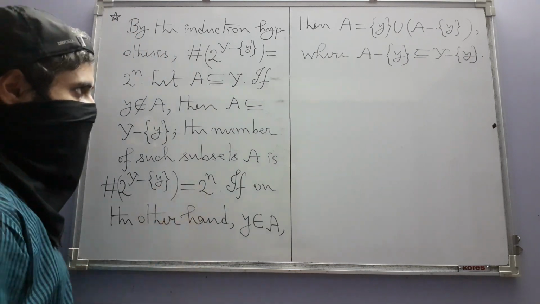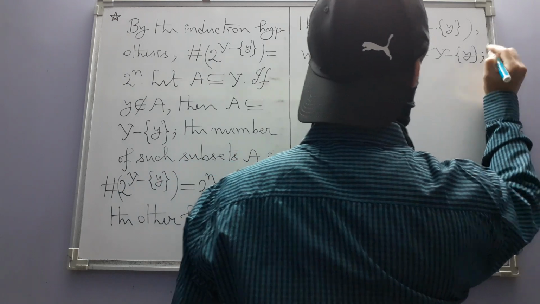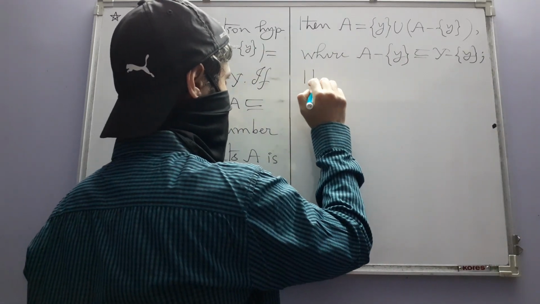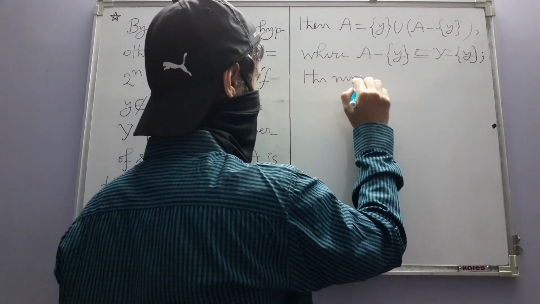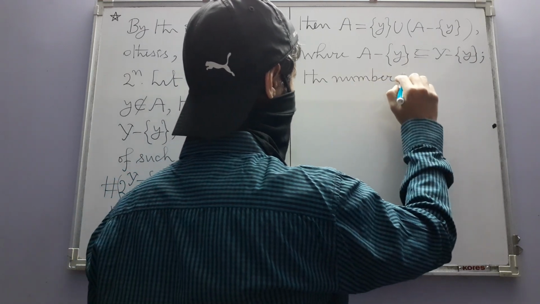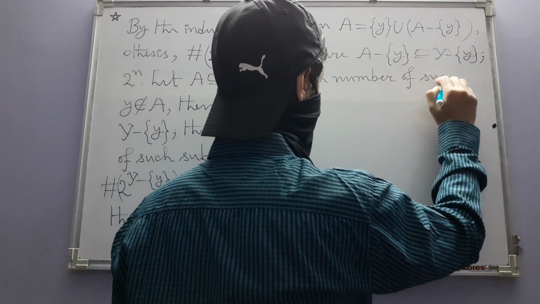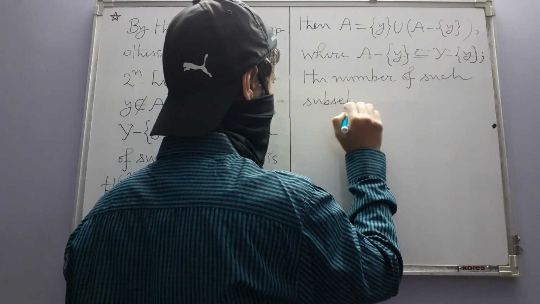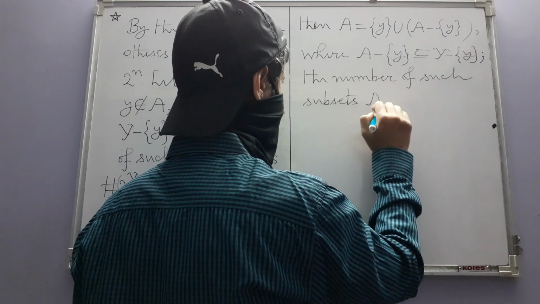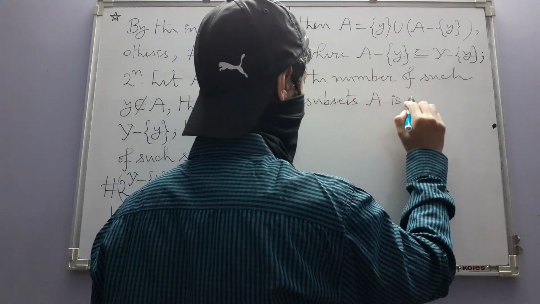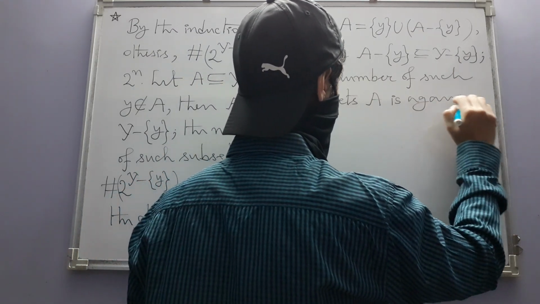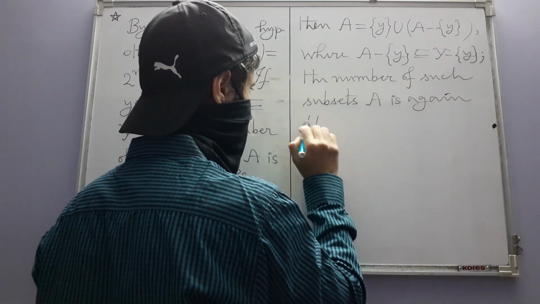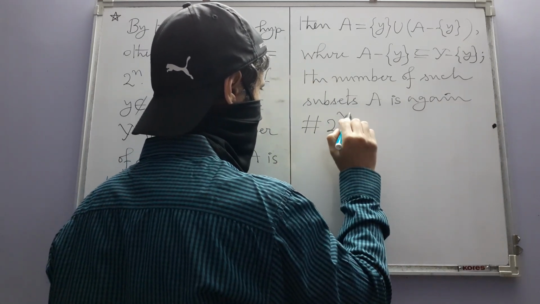Same number, 2 to the power n. The number of such subsets A is again this.